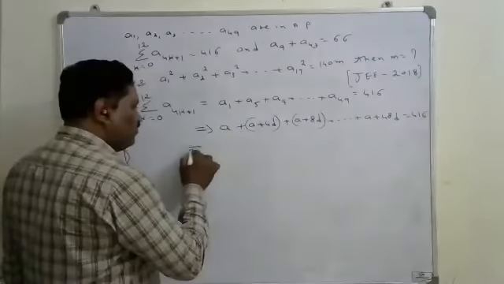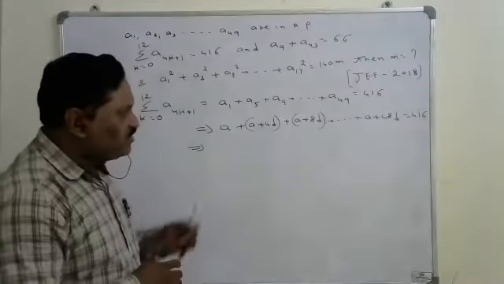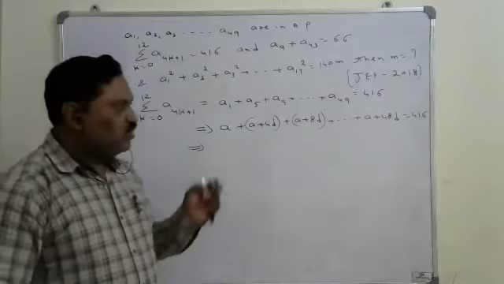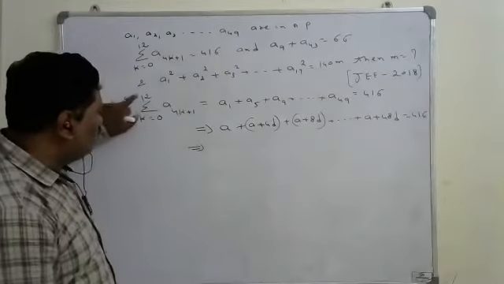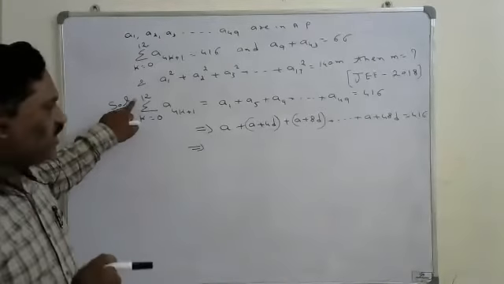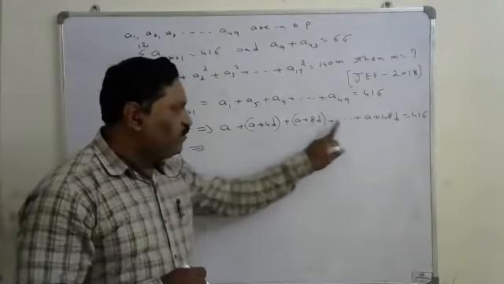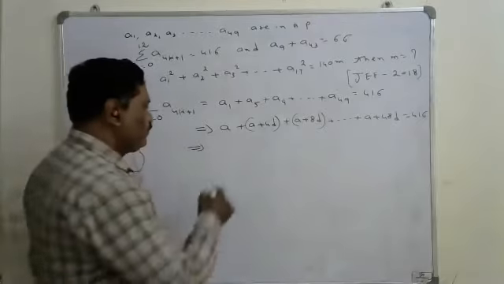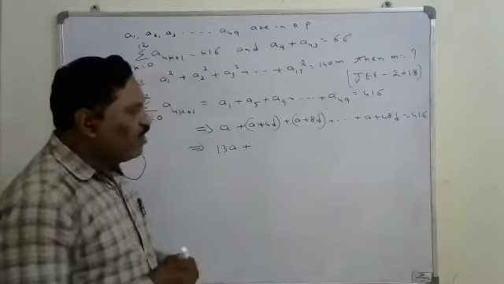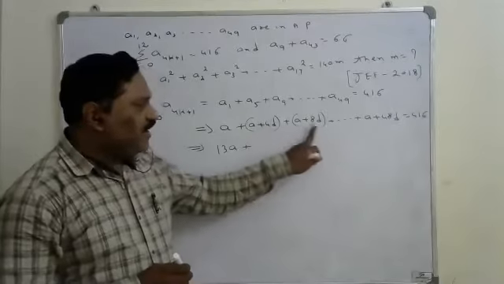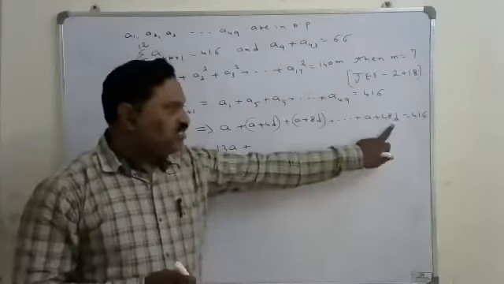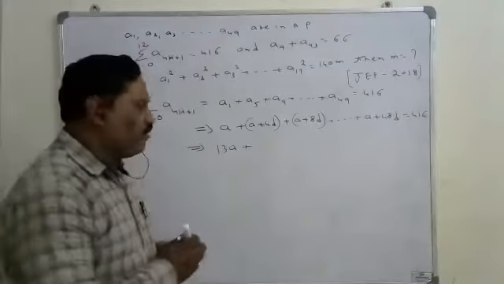Now, in this series, how many terms are there in total? 13 terms, because 0 to 12 means there are 13 terms. So there will be 13 A's, plus from all the D terms, 4D, 8D, 12D, 16D and so on, I can take 4D common.